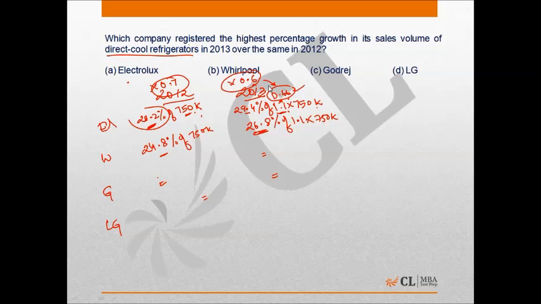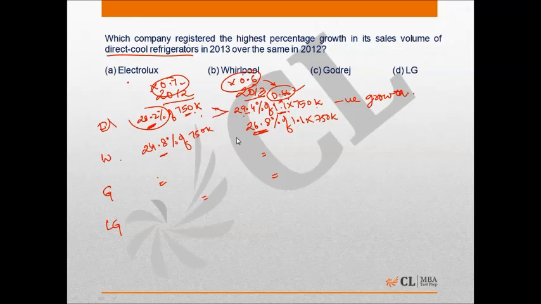This value is definitely less than this value. That's why, if we perform the calculation, the value of Electrolux in 2013 is definitely going to be less than that of 2012. So there is not a growth, there is a negative growth for this.